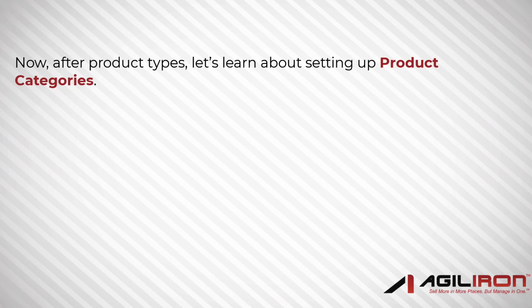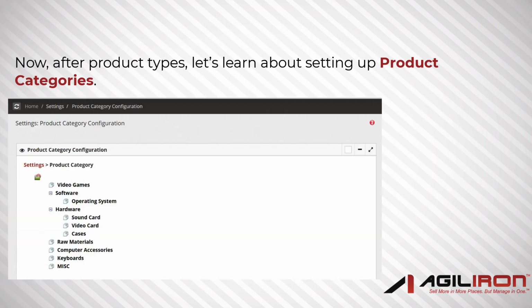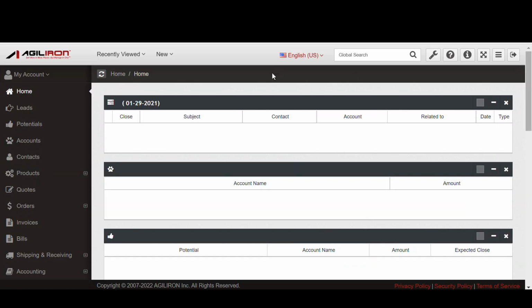Now, after product types, let's learn about setting up product categories. To create, edit, or manage the product category, click on the Settings icon.